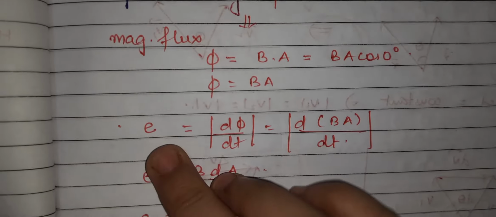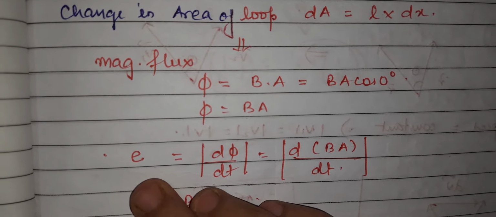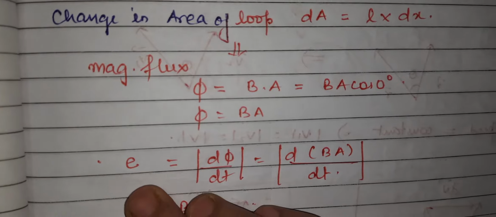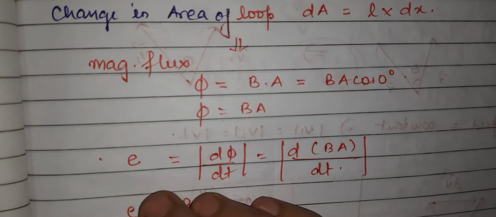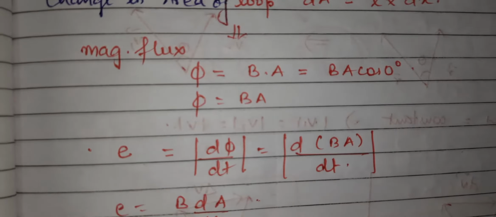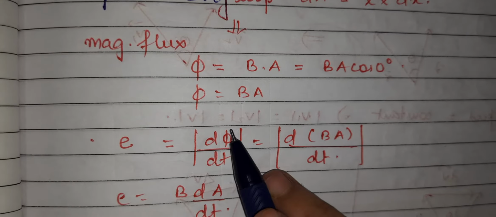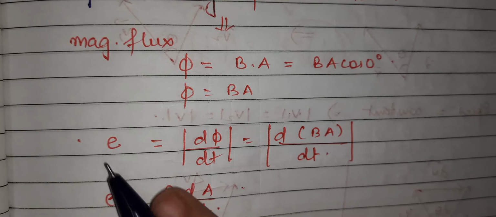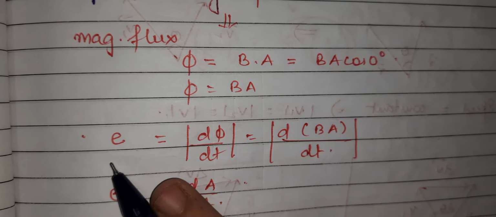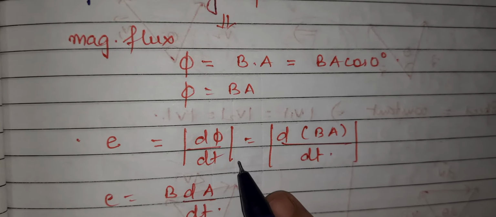Now the second thing we studied in Faraday: if there is a change in magnetic flux, there will be production of EMF, and the magnitude is given by the formula |E| = dΦ/dt. Faraday only told about the magnitude, which is why we take a modulus.